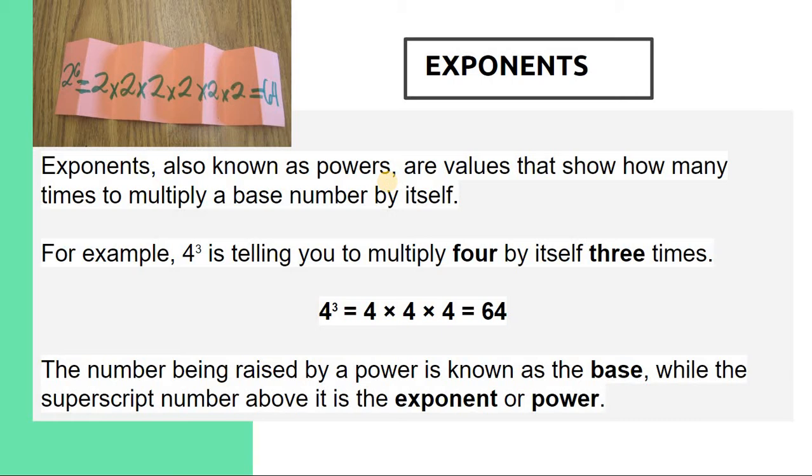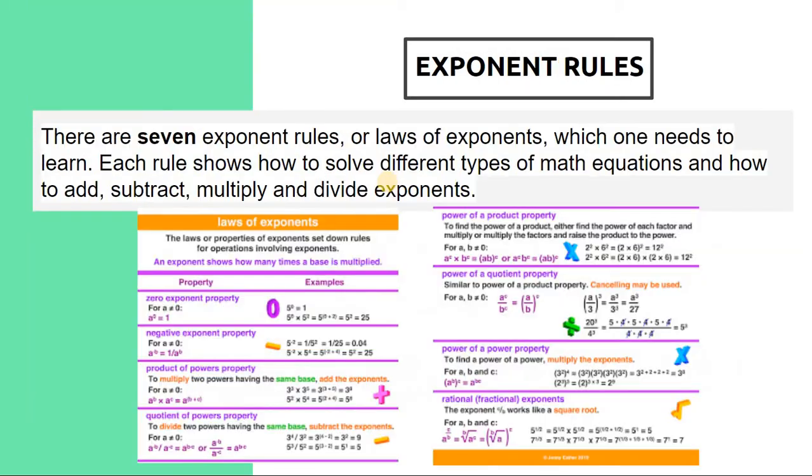We have laws and rules on how we should read, interpret, or solve equations with given exponents. There are actually 7 basic laws or rules in dealing with exponents.